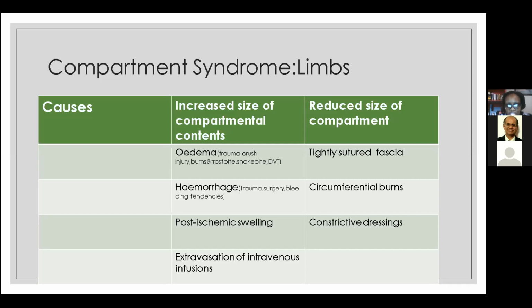Examples under these: anything that causes an edema, trauma, crush injury, snake bite is also under this, hemorrhage, also post-ischemic swelling, and extravasation of IV infusions. And then a reduced size of the compartment if the fascia is tightly sutured, if you have circumferential burns or constrictive dressings.